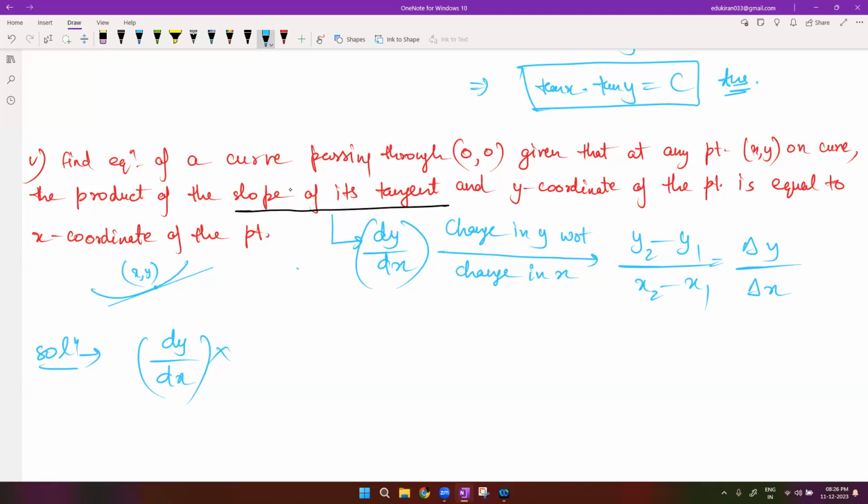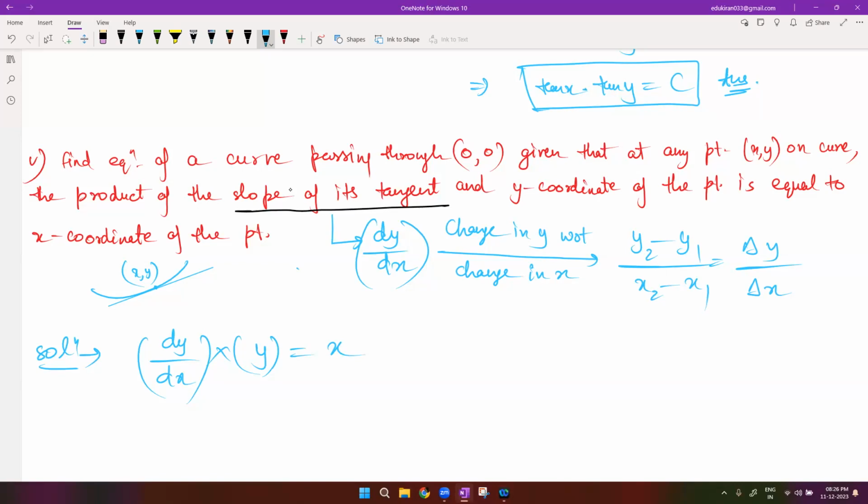Now we are telling you that one condition is true. The condition is the product of the slope of its tangent, dy by dx, and the y coordinate of the point, which is y, is equal to x. This is the condition given to us.